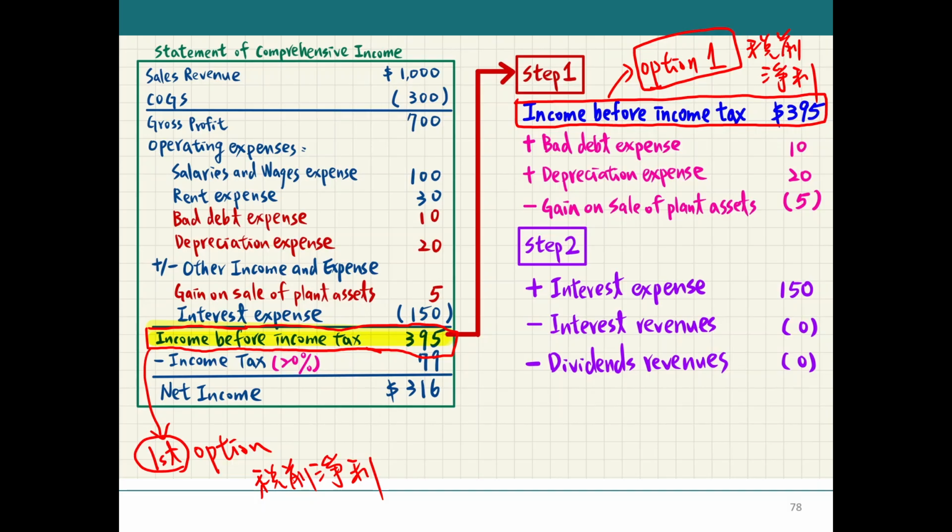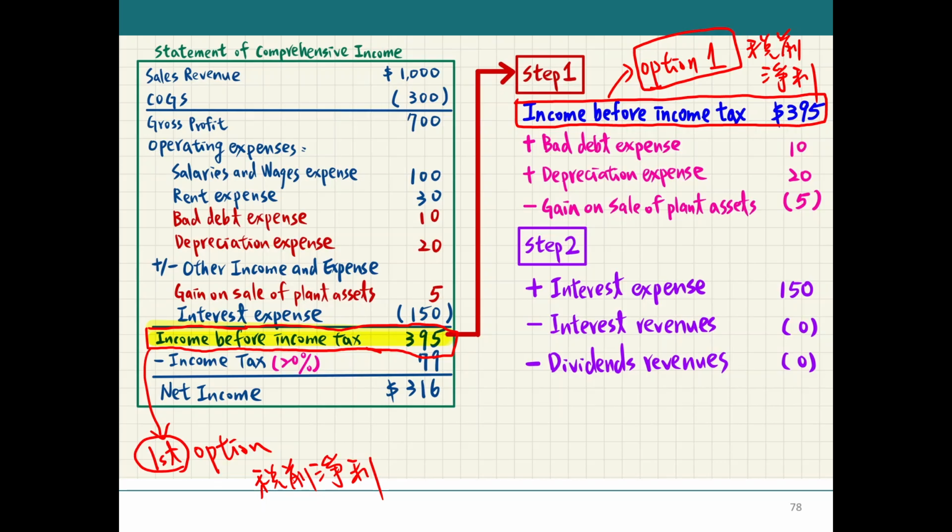Since we choose income before income tax, 395 is our start point. Okay, so what should we do? Step one, exclude any items not related to cash, right? How? Look at the income statement. Could you tell me which item is not related to cash? Which item?